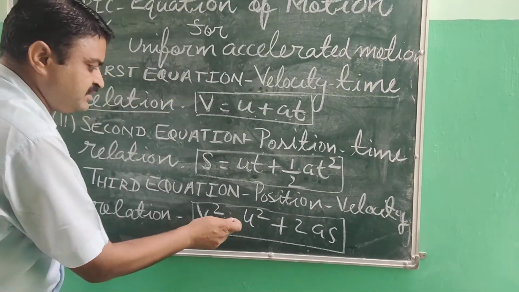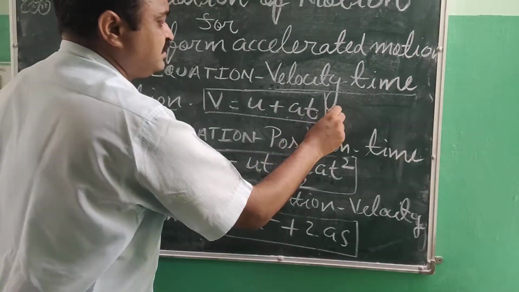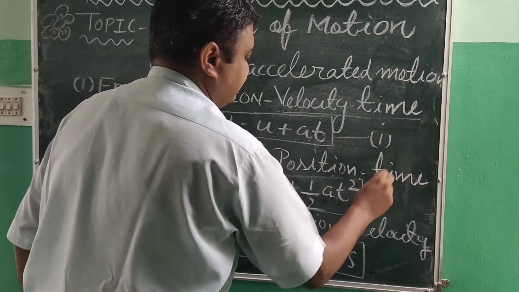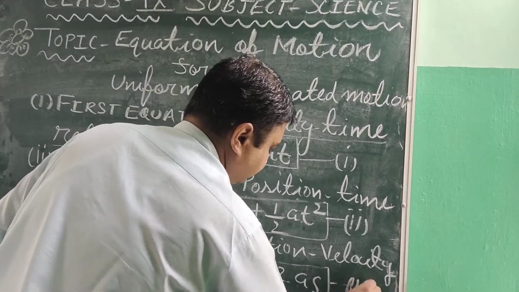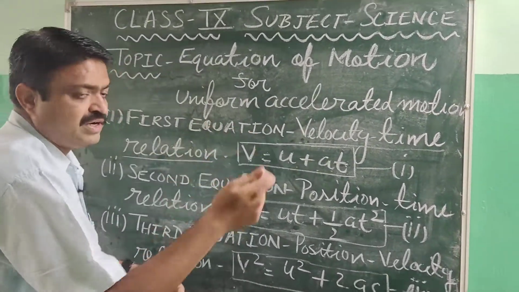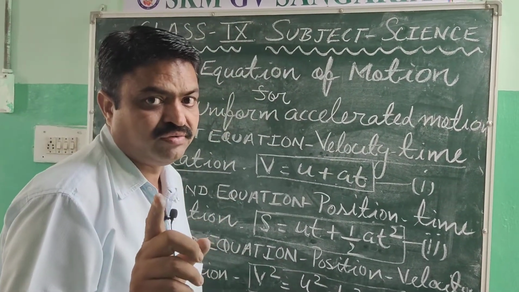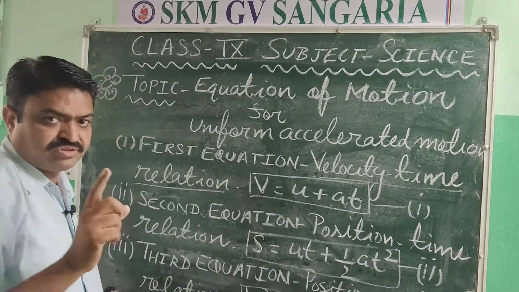V square is equal to u square plus 2as. These are the three equations of motion, and these equations of motion help us to solve the different problems related to motion, student.